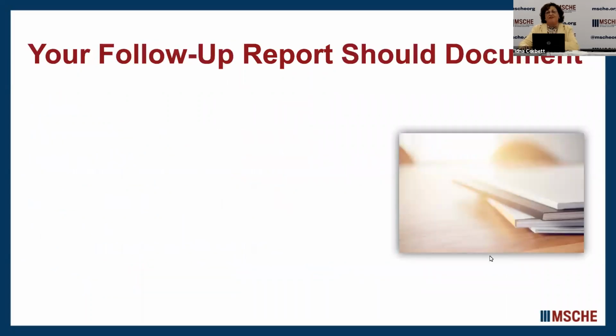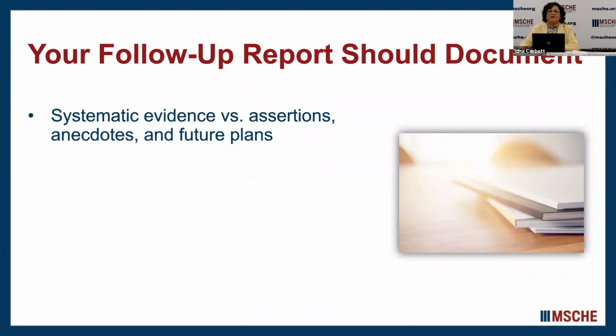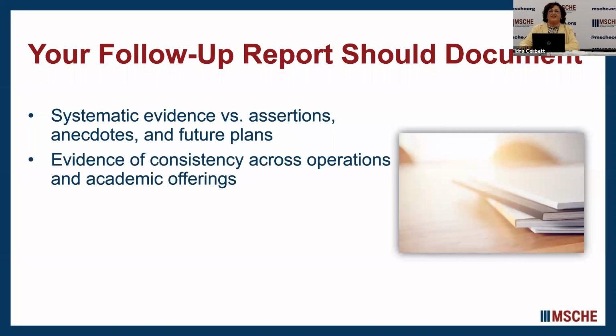What should your follow-up report document? Well, first of all, you should include systematic evidence, not assertions, not "we're going to do." It should be, this is what the institution has done to demonstrate compliance. It should also provide evidence of consistency across operations and academic offerings.